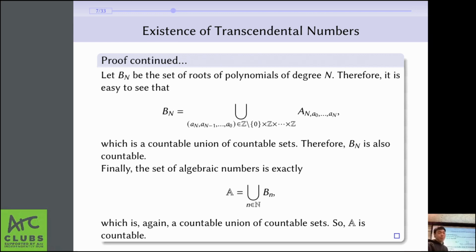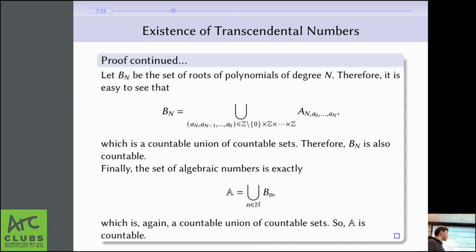And the final step is the set of all algebraic numbers is just the union over all possible degrees we can choose. So we can choose n to be 1, 2, 3, or any finite number. But as long as n is some natural number, then you get exactly the set of algebraic numbers. And so the set of algebraic numbers forms a countable set.